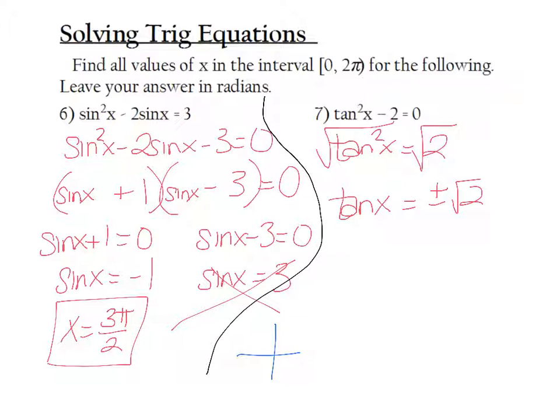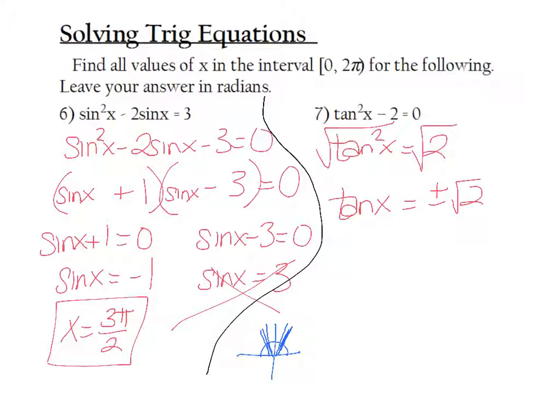Let's think through this just a minute before I do it. If you think on your unit circle, I know that tangent is root 3 up here and here. Root 3 is a little bit bigger than root 2. Tangent's probably going to be just a hair below that, a little bit smaller than pi over 3, a little bit smaller than 2 pi over 3, or actually it'd end up bigger as you're wrapping around, sorry. Let's see if we can figure that out on our calculator. I'm just going to type in my calculator, and this is going to take a little bit of work.